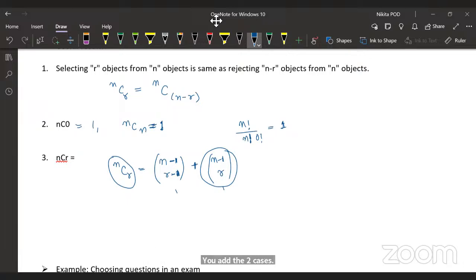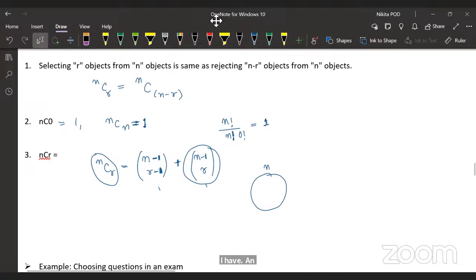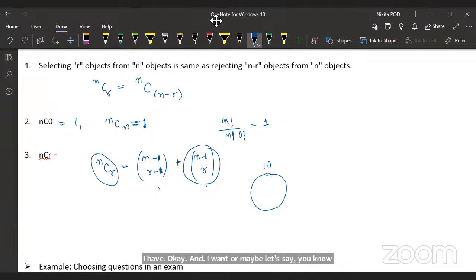So suppose I have n objects, or maybe let's say 10 objects total, and I want to select 5 objects.